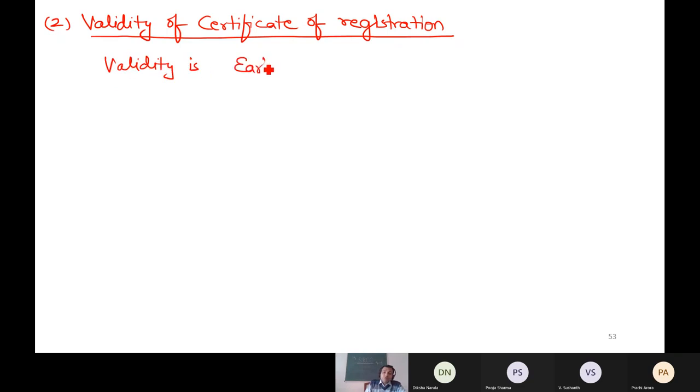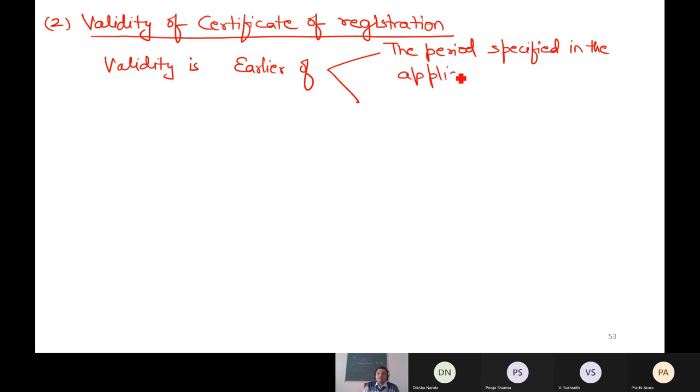It is the earlier of the following. For example, as a casual taxable person, I am applying for registration only for 30 days. So the earlier of what? The period specified in my application, or maximum 90 days from the effective date of registration.